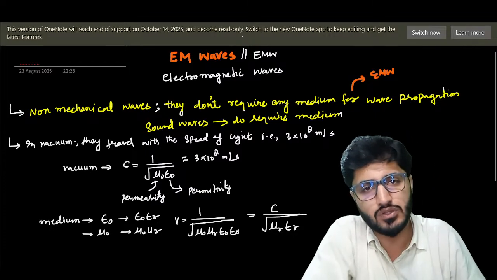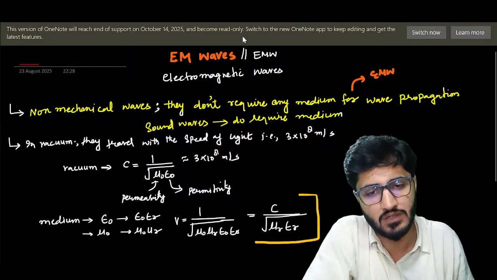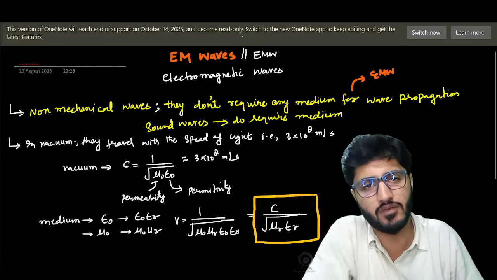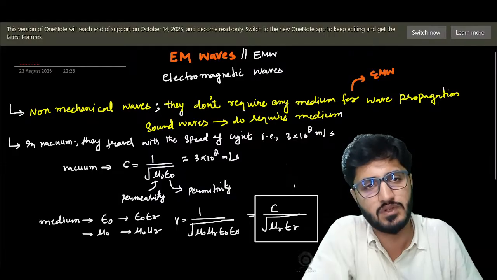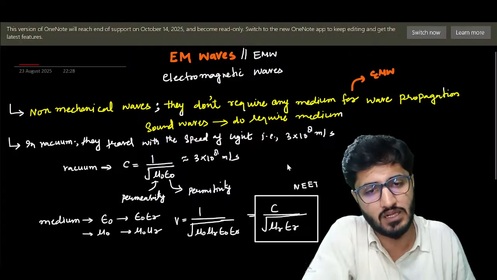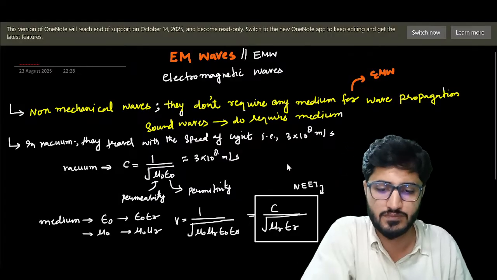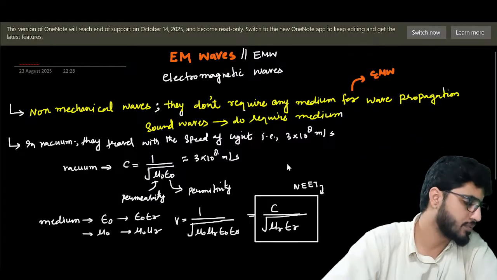And this expression was asked in the NEET examination. You can see how simple the numericals are that you will get from your NEET examination. This was asked in your NEET examination. Easy or super easy?